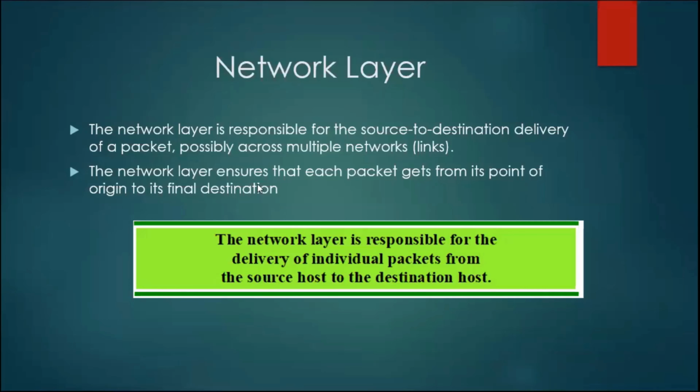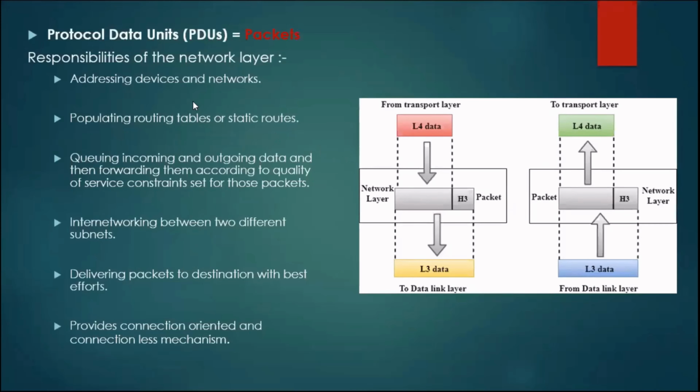It ensures that each packet gets from point A to point B, from the original source to the final destination. Here in the network layer, it will be the IP address, right? It is responsible for delivering individual packets from source to destination host. The PDUs are called packets.